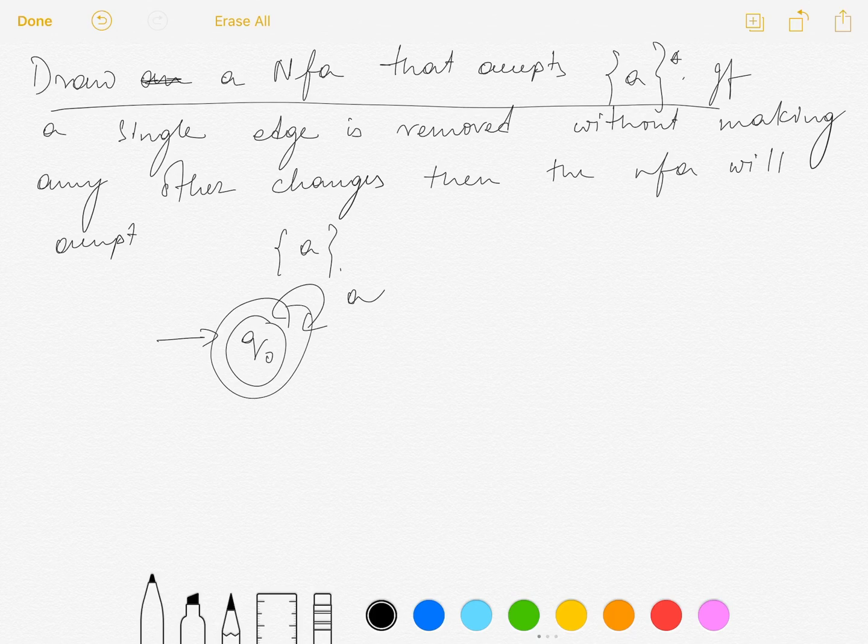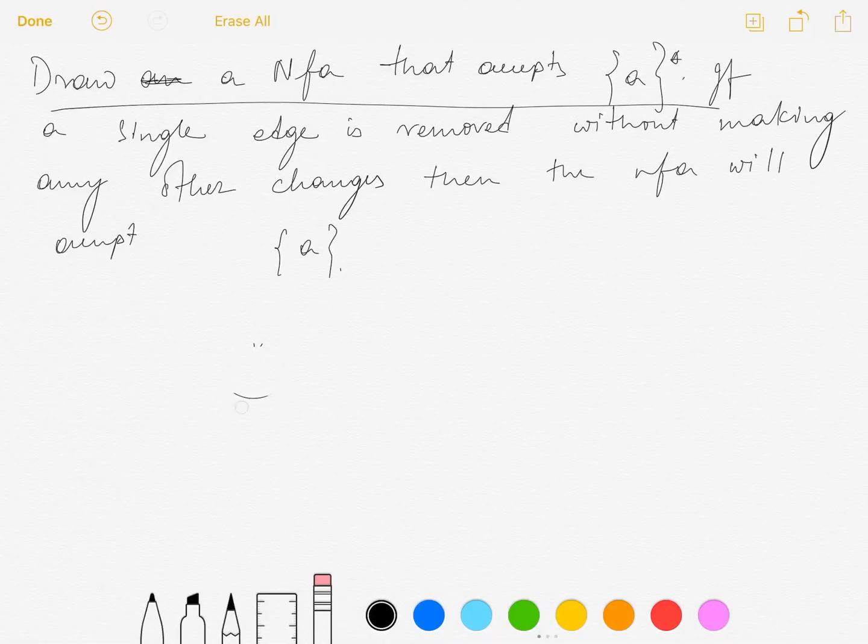Now the next question is, if we remove a single edge from this NFA, then it will accept only A. Now first you have to draw, and in this case there is no restriction on the number of states. So what we will do is draw two NFAs and combine them.